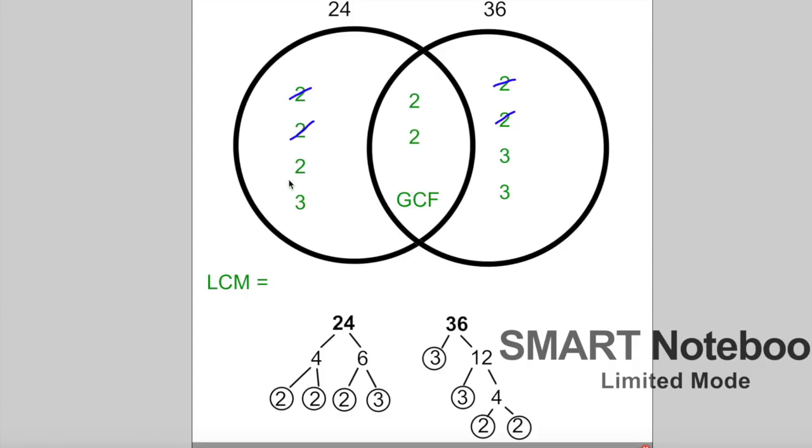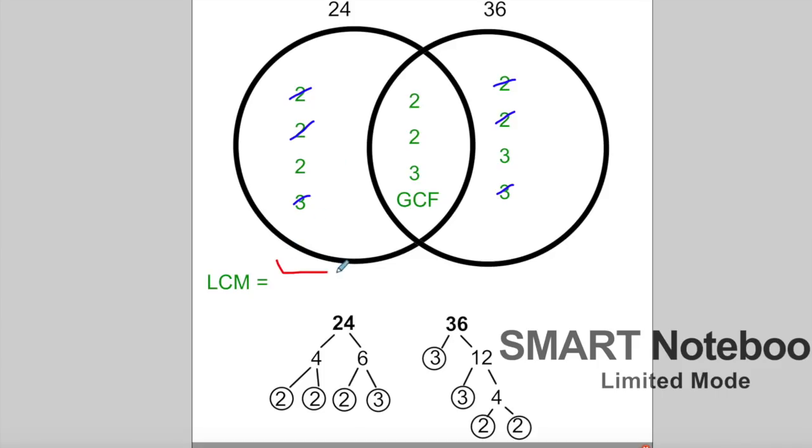Note that we do have a 2 left over here that doesn't pair to anything, so we can leave that one by itself. But we do have also a pairing of 3 on this side and 3 on this side, so they have a relationship, and we can write 3 in the middle.